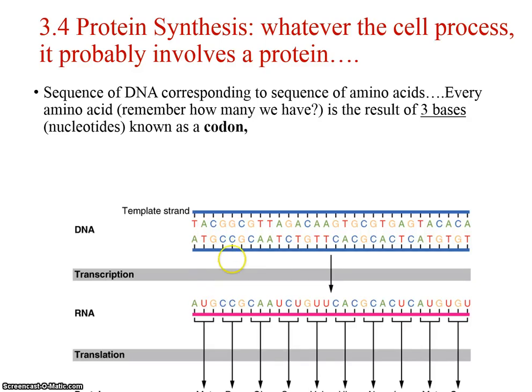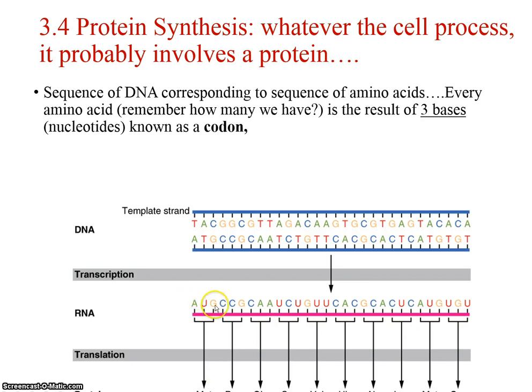Well, we'll take it a step further. The process of going from DNA to RNA, and this is specifically called messenger RNA, is known as transcription, right? Because when you transcribe something, you copy it. Now, every 3 nucleotides are a code. They're a cue to the cell that represents a specific amino acid.